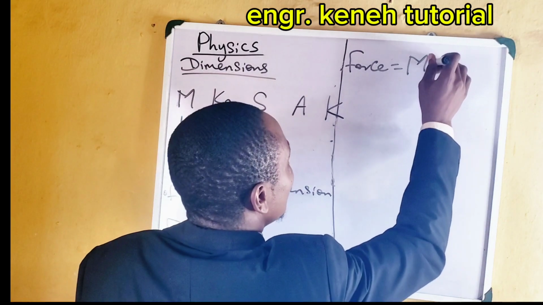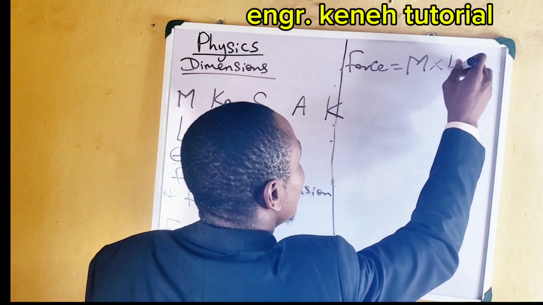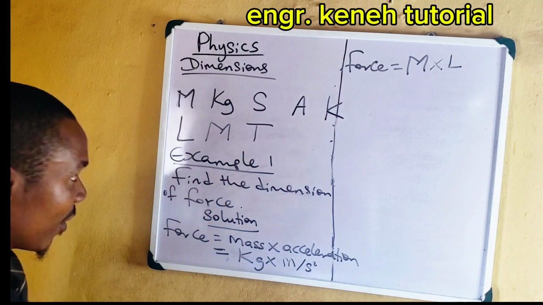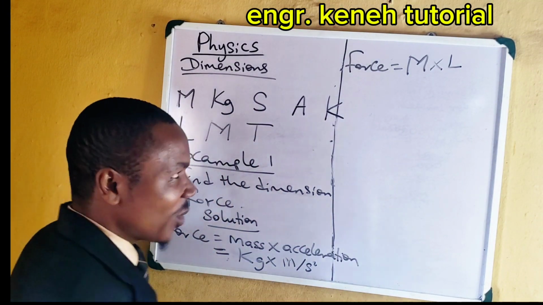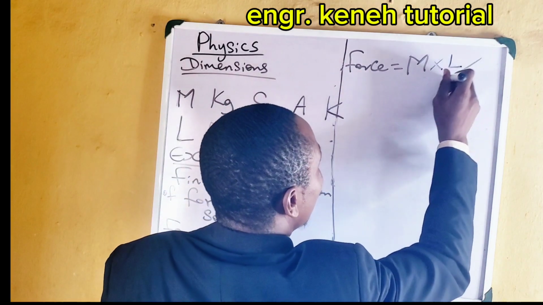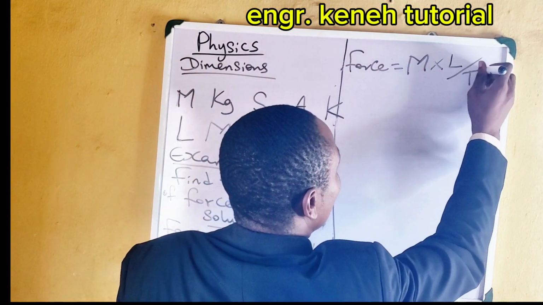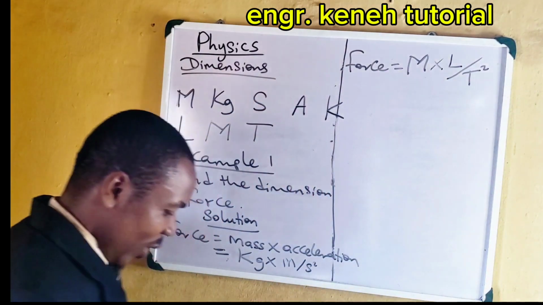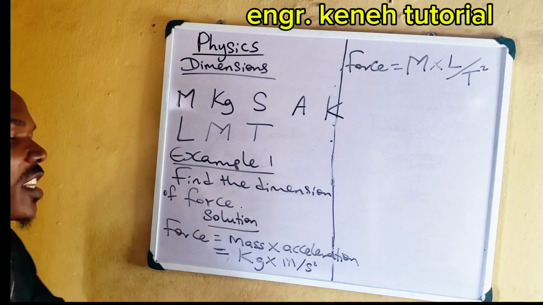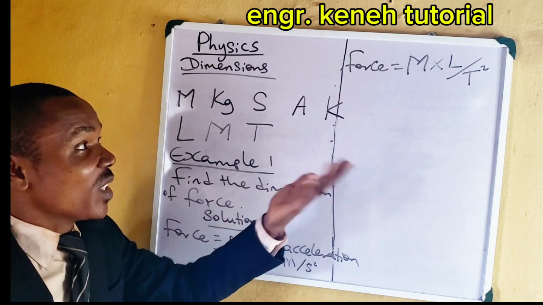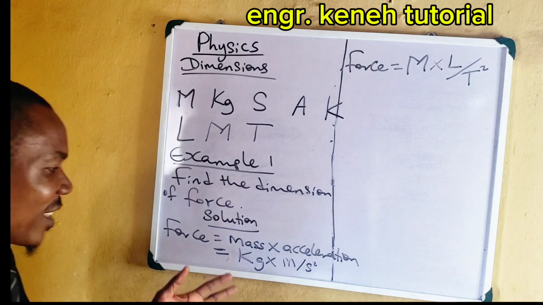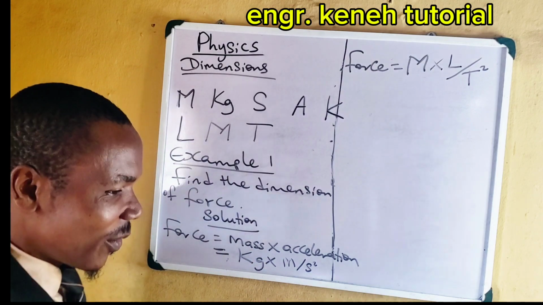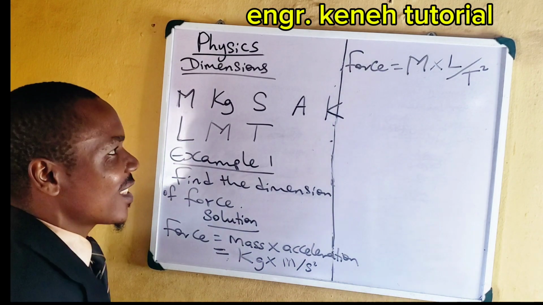So I'll have L like that. Then second square, second has to do with time. So instead of saying second square, I will now say T square. So I'm now writing those quantities that have these units with the capital letter, the first alphabet that starts them.